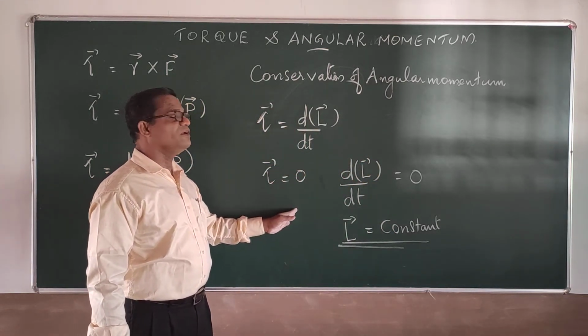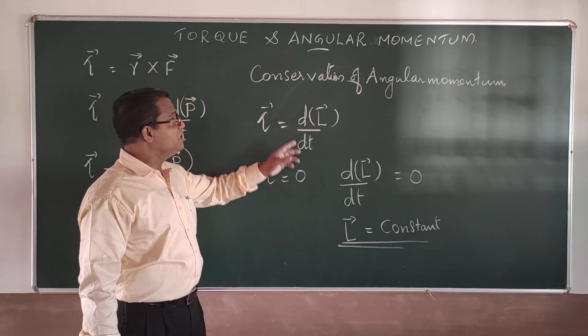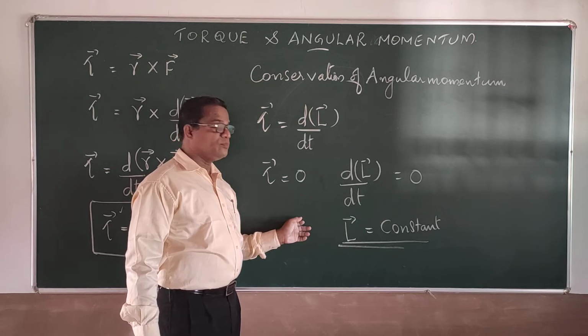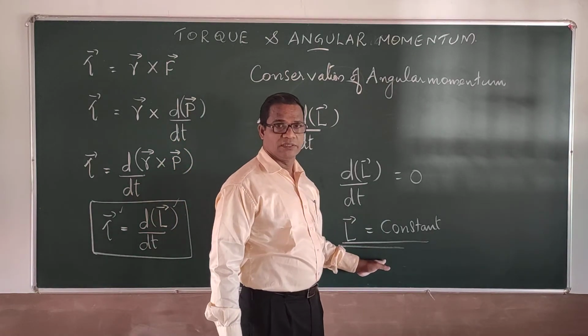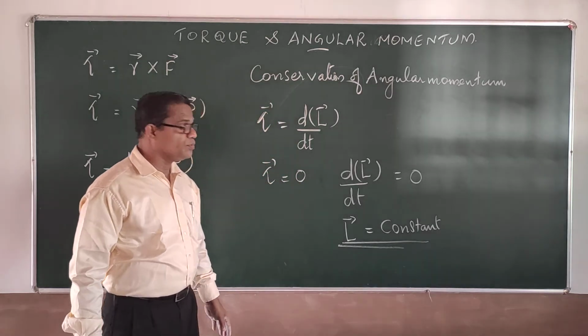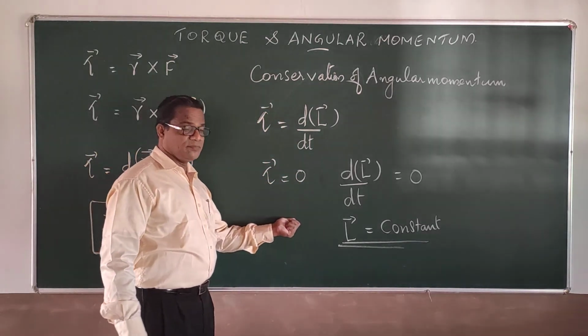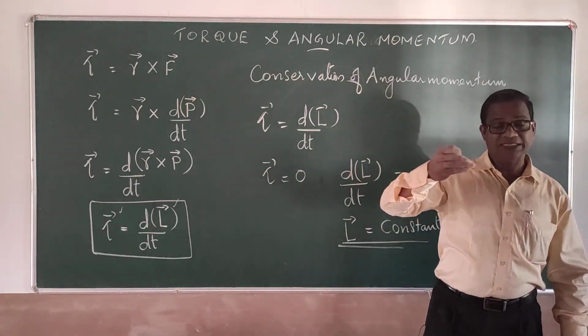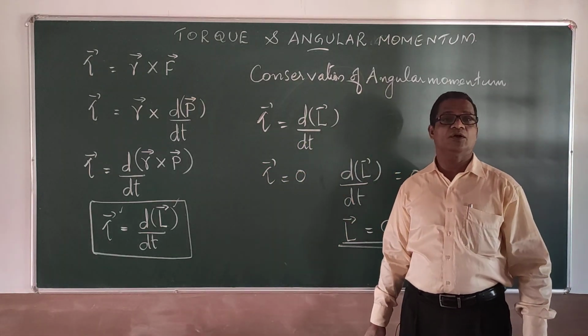Simply, we can define the conservation of angular momentum: if no torque is acting on the system, the total angular momentum of the system remains constant. This is also a very important point to be noted, and it can be applied to the motion of the planets around the sun and satellites around the planet.